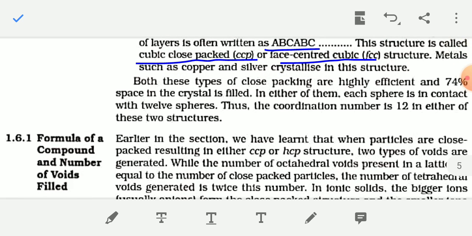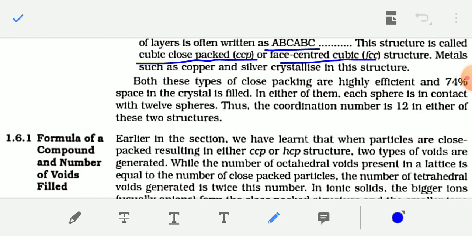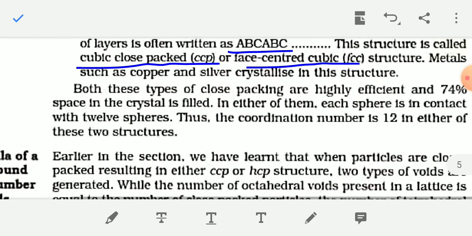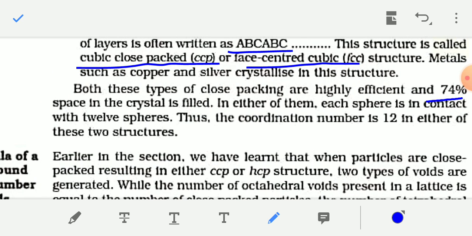Both types of close packing, cubic close packing and hexagonal close packing in three dimensions, are highly efficient, and 74% of the space in the crystal is filled. So packing efficiency in three-dimensional cubic or hexagonal close packing is 74%.